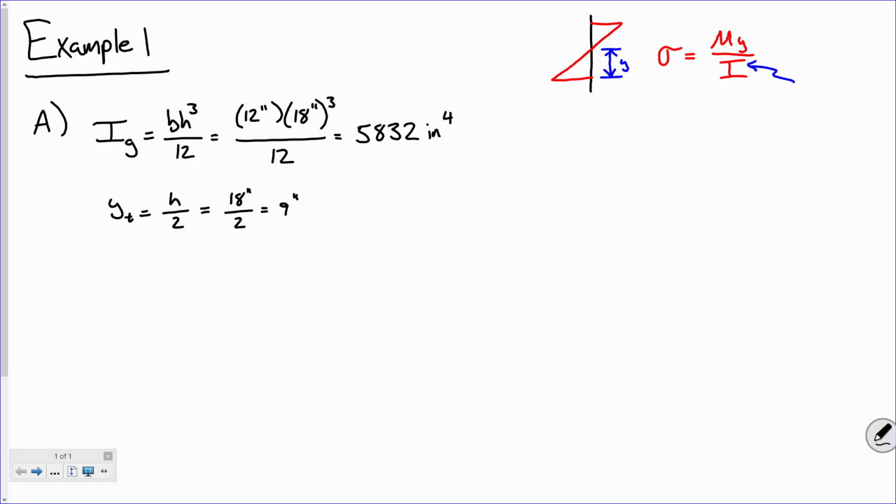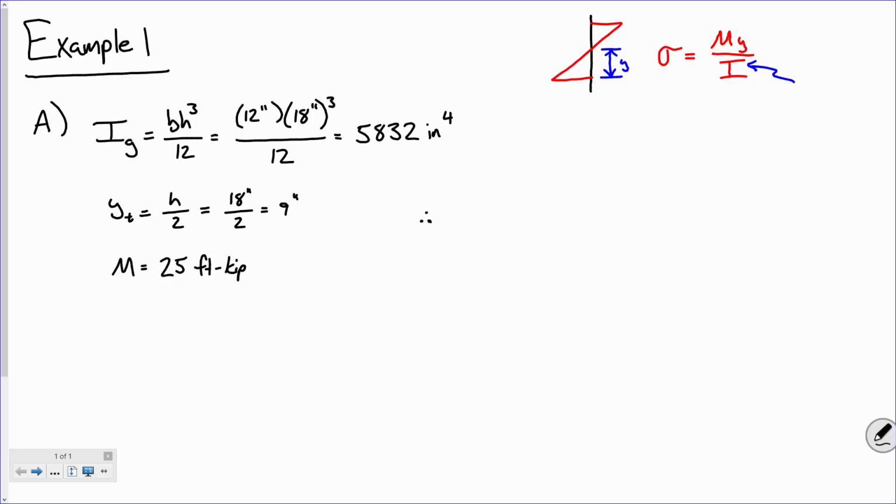Okay, so we have an applied bending moment. What is our applied bending moment? 25 what? Foot-kips. Okay. Therefore, I can calculate the stress on the bottom of that beam.